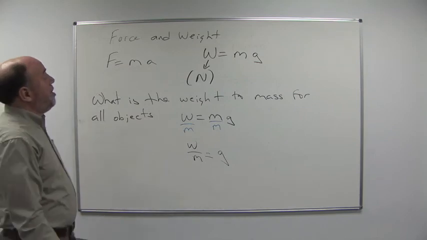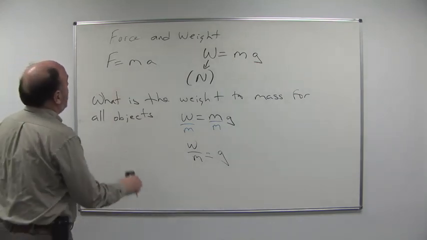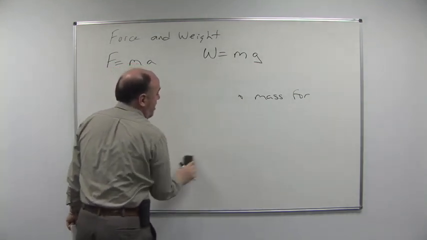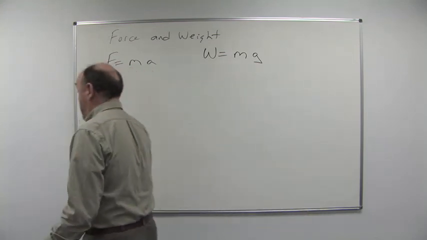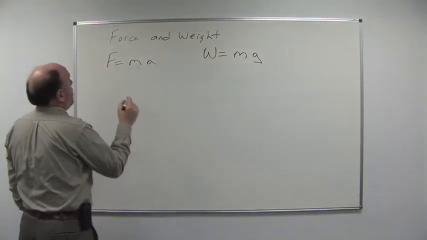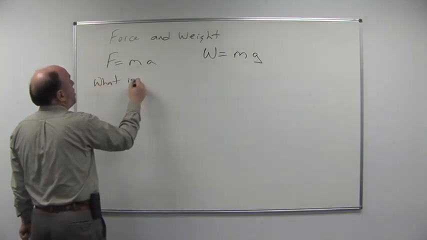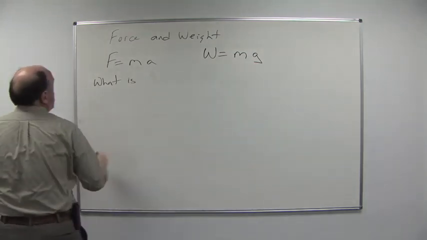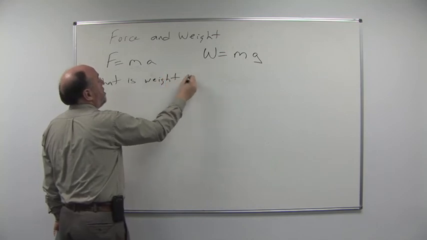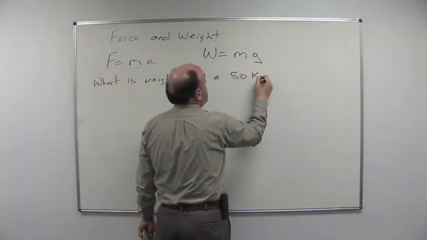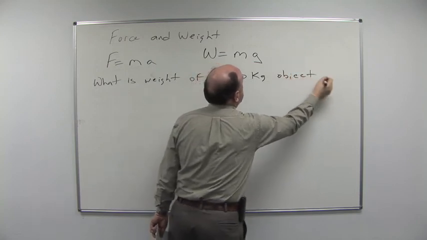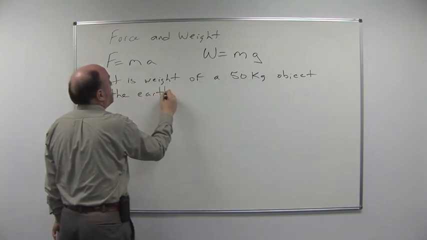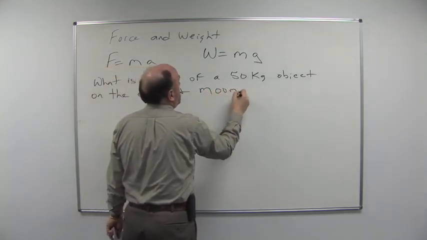Given the equation that weight is the mass times gravity, we can look at the weight of an object here on Earth and that same object on the moon. So what is the weight of a 50 kilogram object on the Earth and the moon?